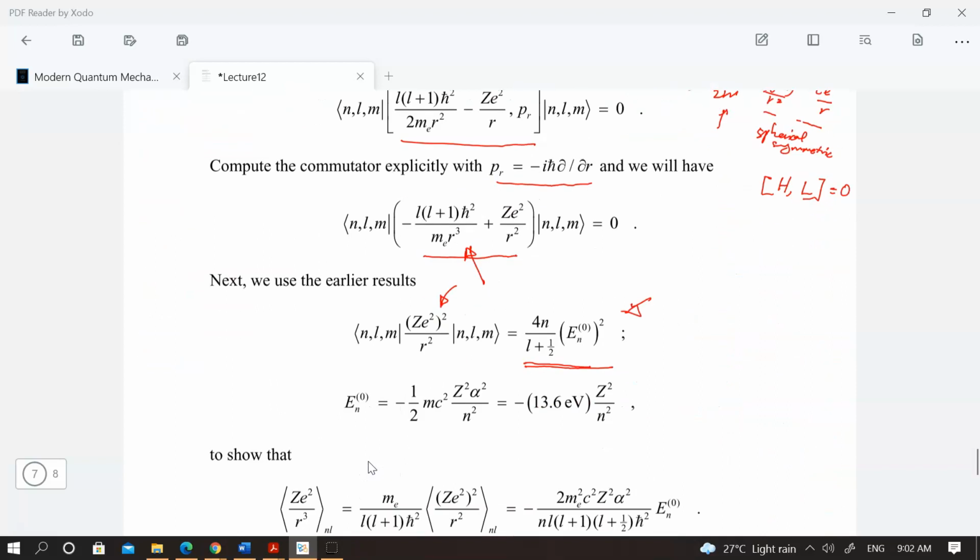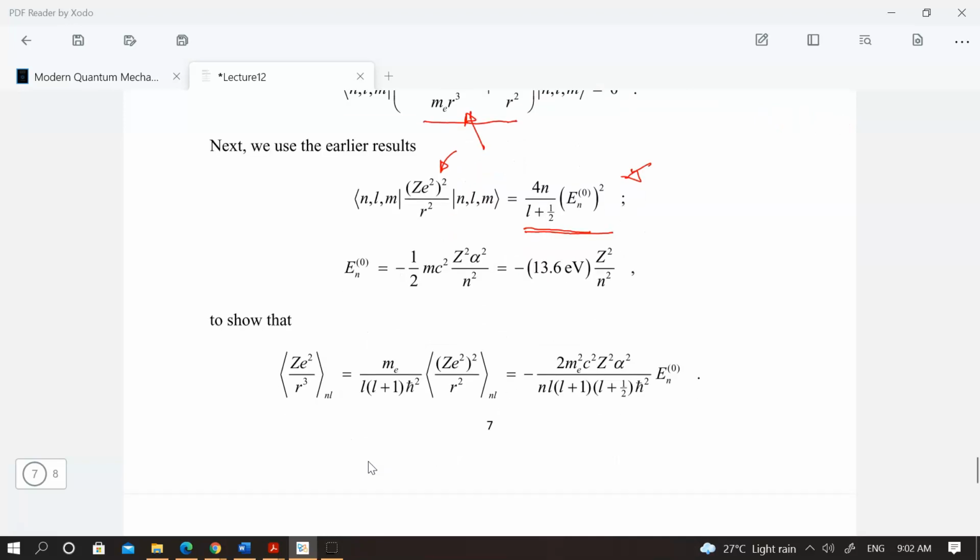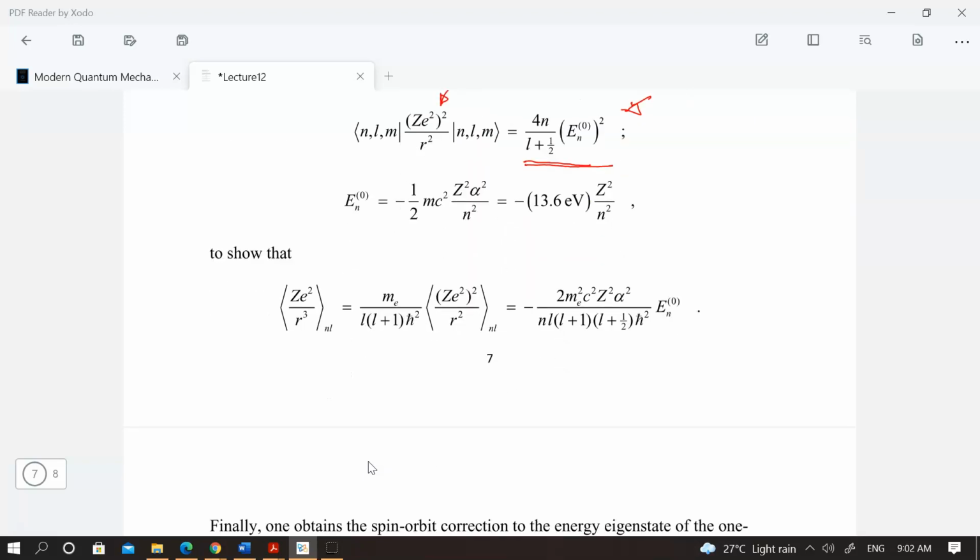So putting all those together, I have not done the calculation in full here, but you can put all this together and then you'll find that your final expression for the derivative of the potential here is given by that.